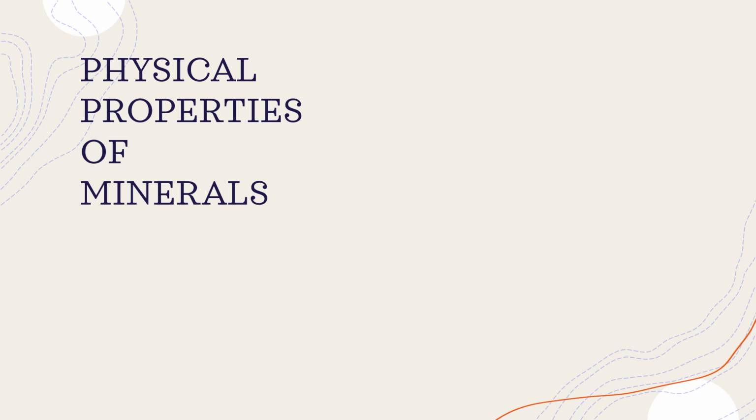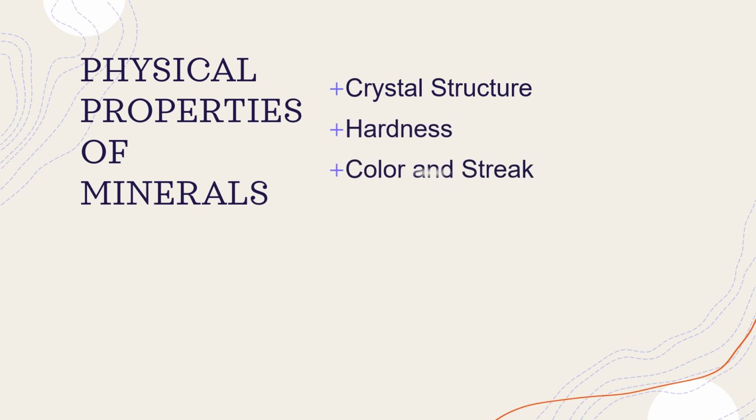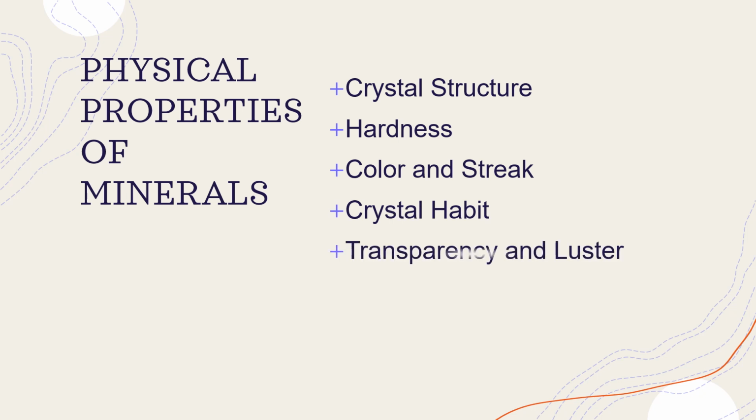So here are the different properties of a mineral. First we have crystal structure. We also have hardness, color and streak, crystal habit, transparency and luster, cleavage, and specific gravity. Let's discuss them one by one.